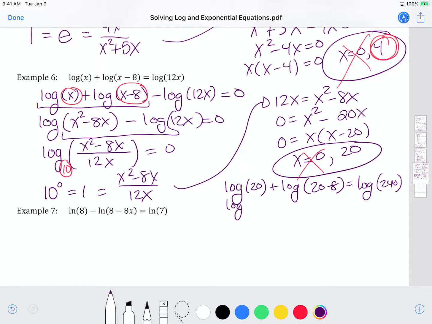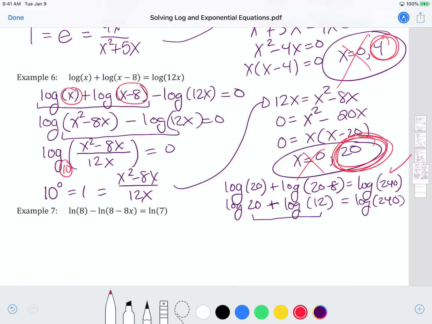So I would have log of 20 plus log of 12 is equal to log of 240. This I would combine using the properties of logs in the product rule, and I can combine that into log of 20 times 12, which is 240. So this works. So 20 is my only answer here.